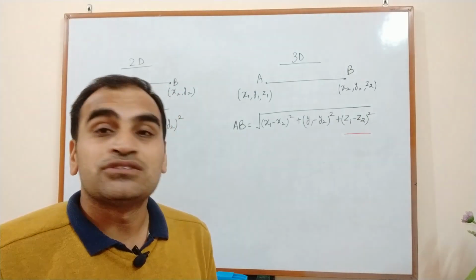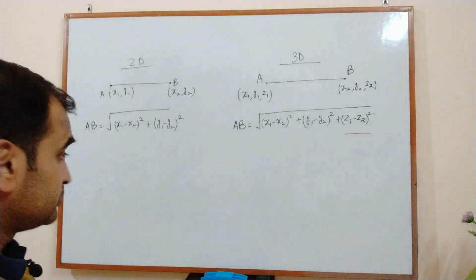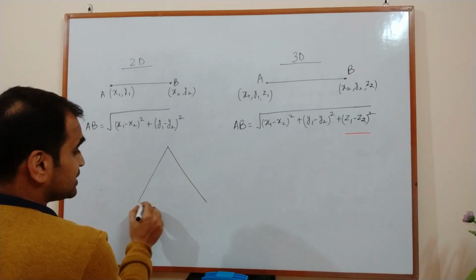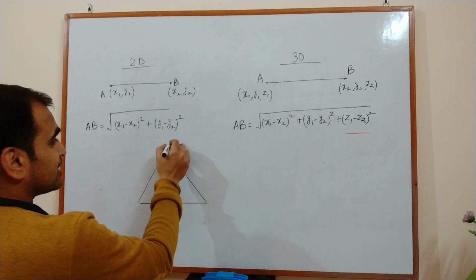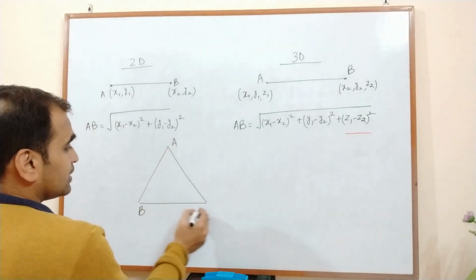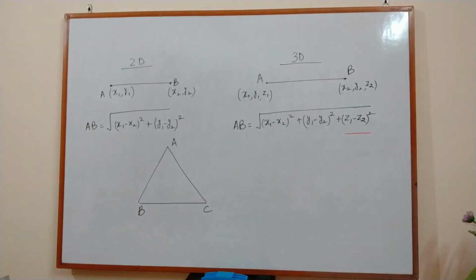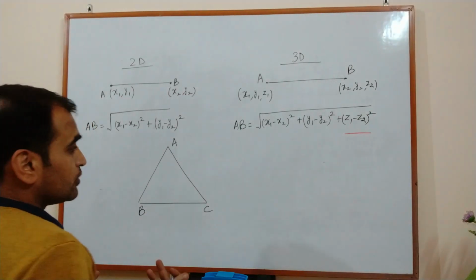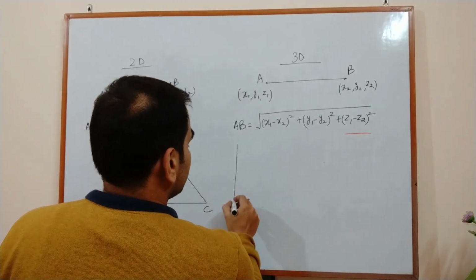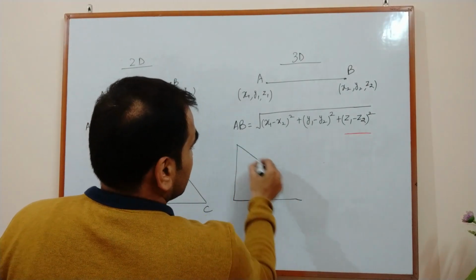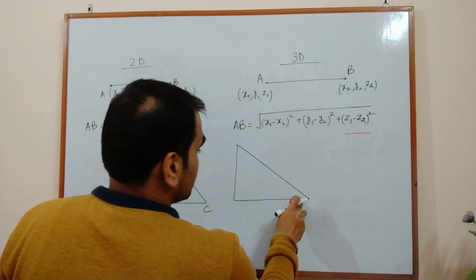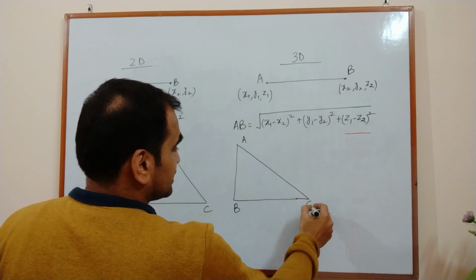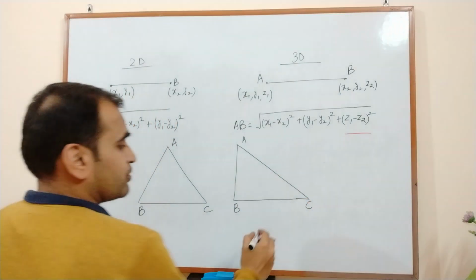So what are the applications of the distance formula? If there is a triangle, and you want to check whether this triangle is an isosceles triangle or maybe an equilateral triangle, based on the lengths of AB, AC and BC, we can find whether the triangle is isosceles or equilateral. Similarly, if you want to check whether the triangle is a right angle triangle or not, based on the Pythagoras theorem, we can check this.